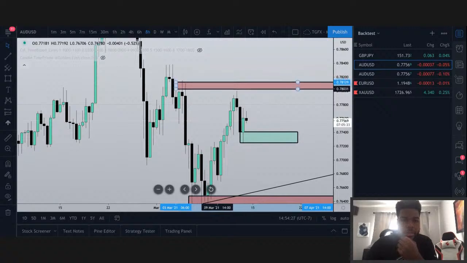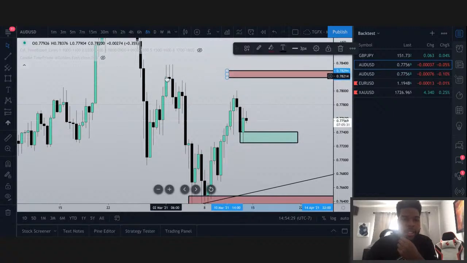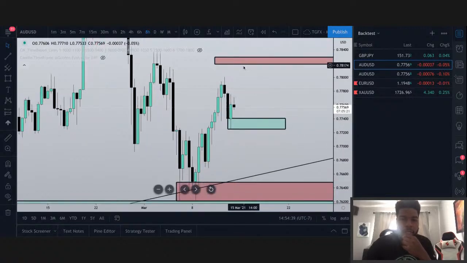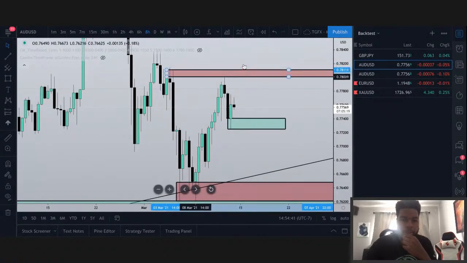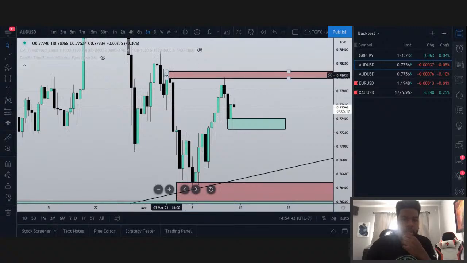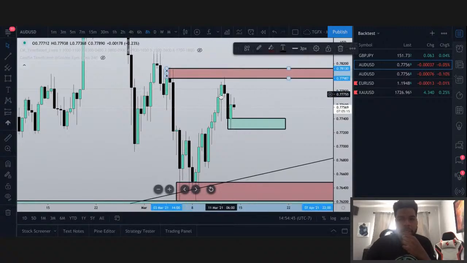So on the 8 hour, for an example, we can see the price had pushed up here and then it rejected. Okay, we had a consolidation area and we dropped. Price retested it and then dropped even harder. So we got another level of supply here, and look where price comes back to before it drops.